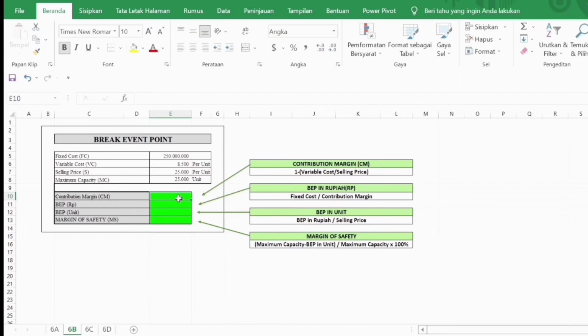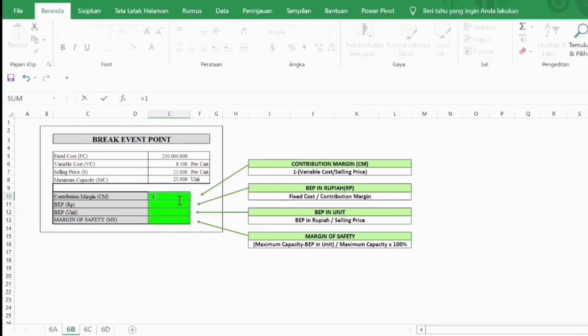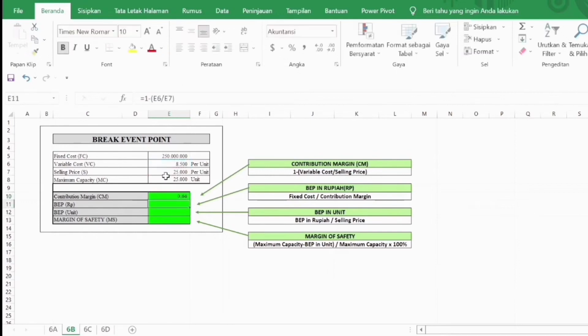So next question, before we calculate BEP and margin of safety, first we calculate contribution margin. So the formula is equals 1 minus open bracket variable cost divided by selling price, close bracket.